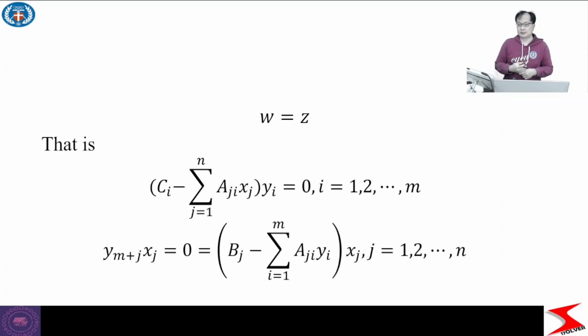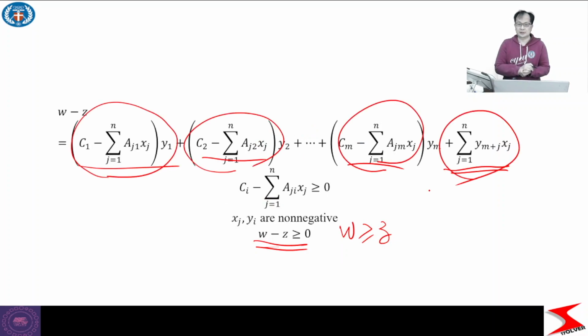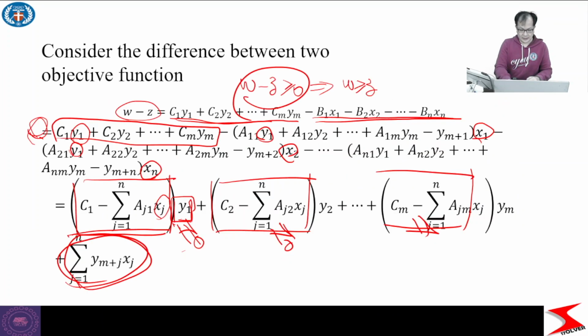So what about when W equals z? If W equals z, it means all of the items are 0, including this one, right? Is that possible? The answer is yes.